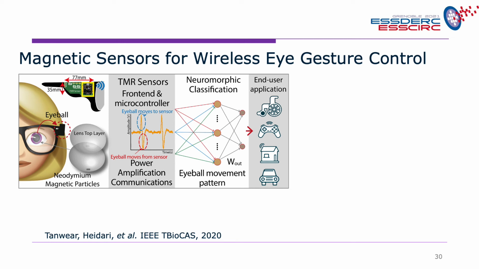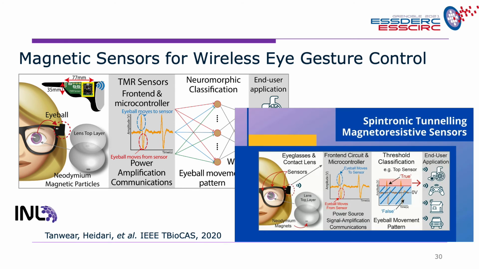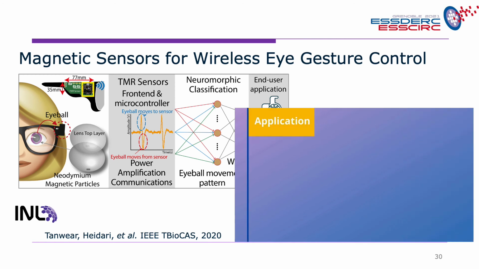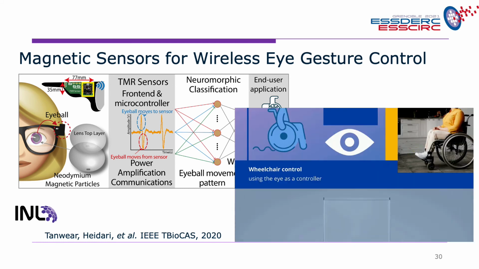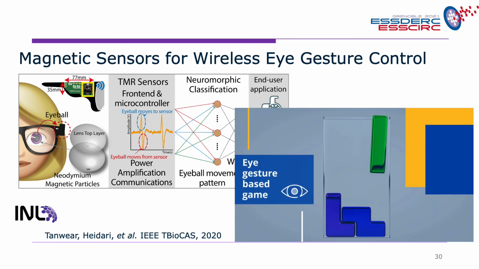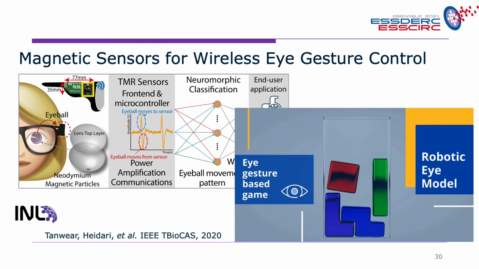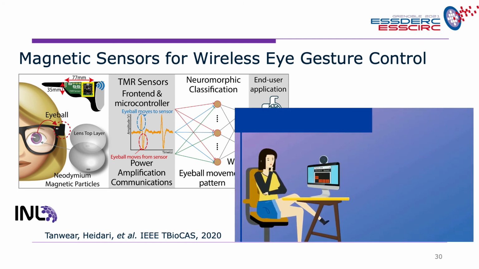In that case, we could detect the eye movement using the sensors integrated into the glasses frame, and based on classifications, we could use the signals for different applications. Here is a small video showing how these sensors can be exploited for different technologies, for example, for an eye gesture based game or to control a wheelchair and other applications.